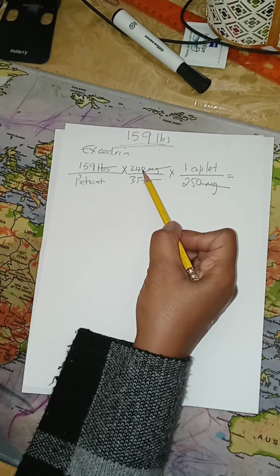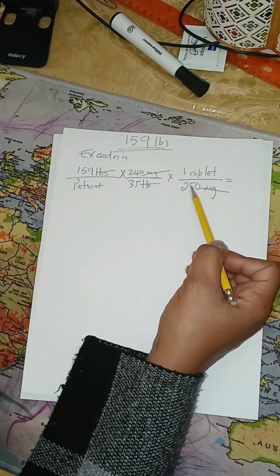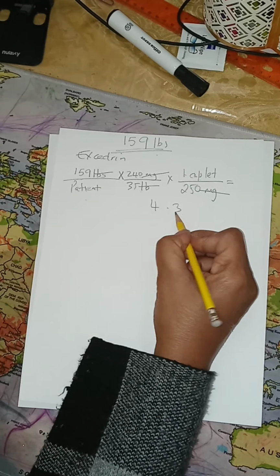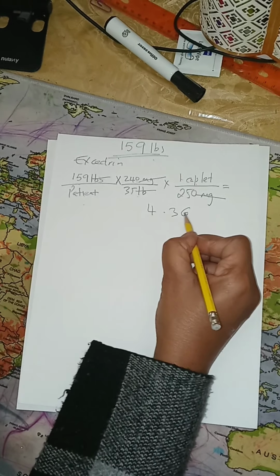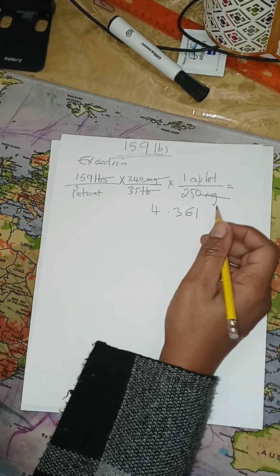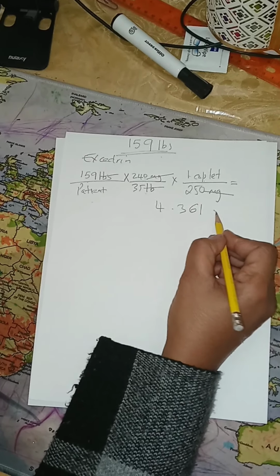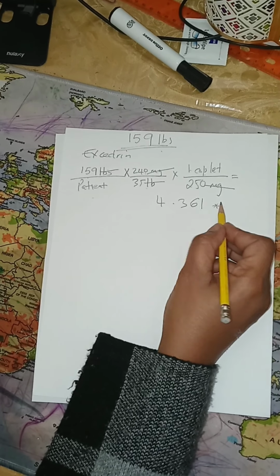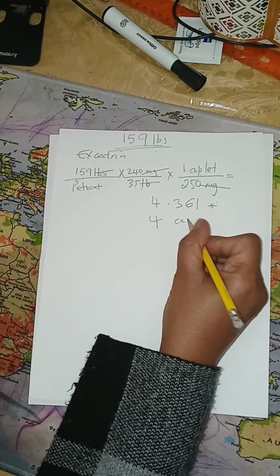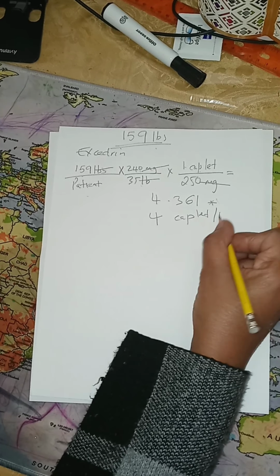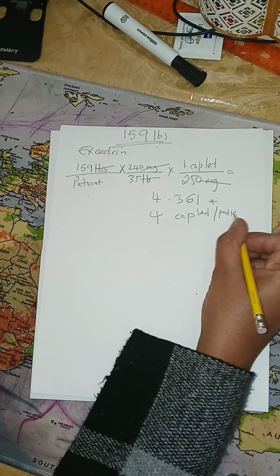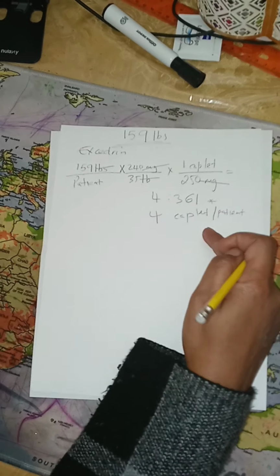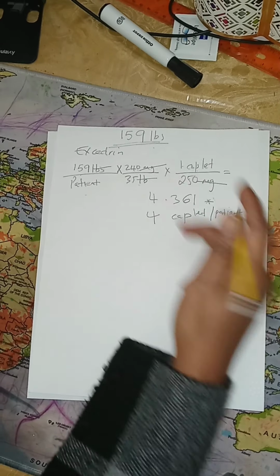Multiply this by this, divide by this, multiply by this, divide by this. My answer is 4.631, and I'm going to keep this for further workings. However, this rounds off to 4 caplets per patient, which is me. So that's Exogen. So this is the dose that I would need based on my weight.